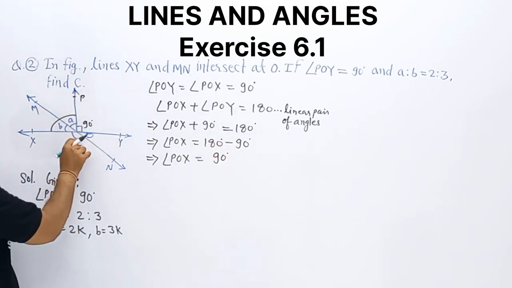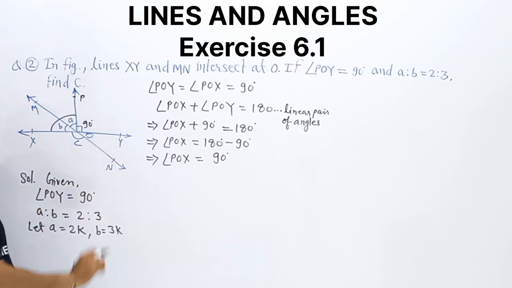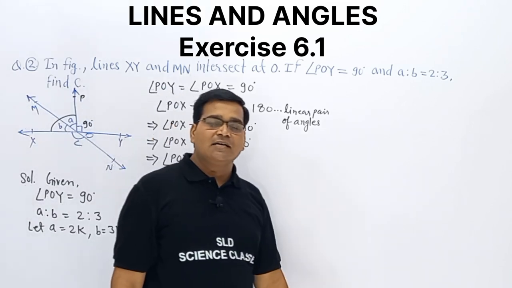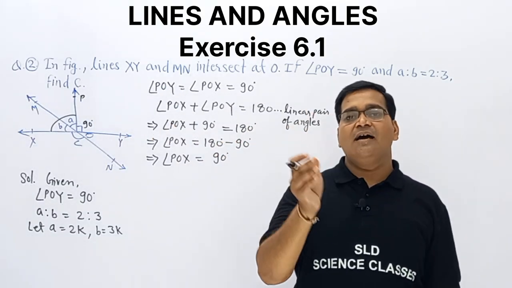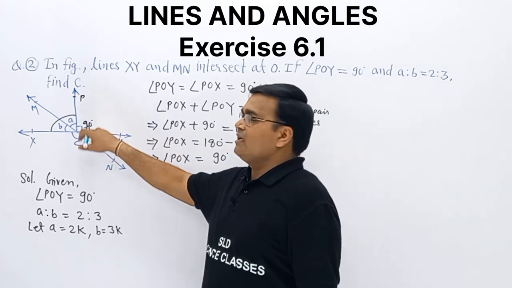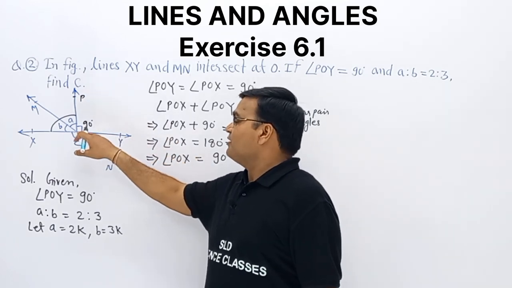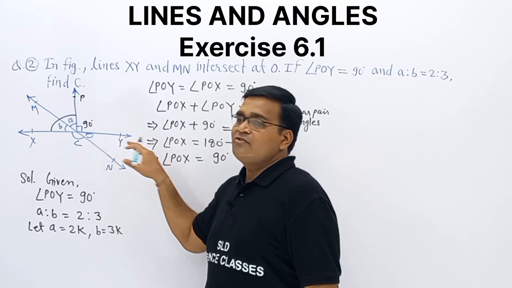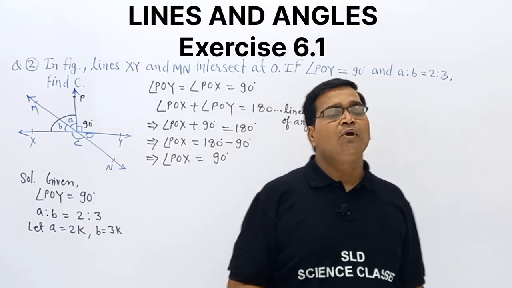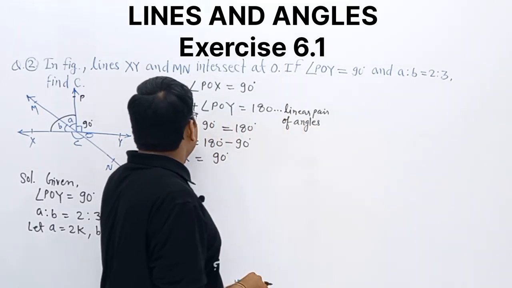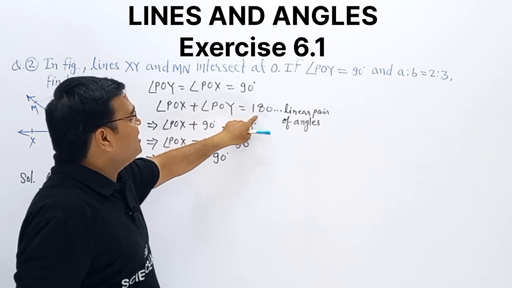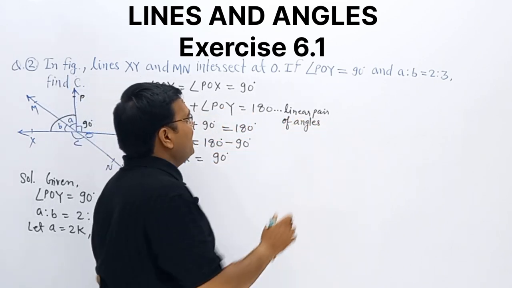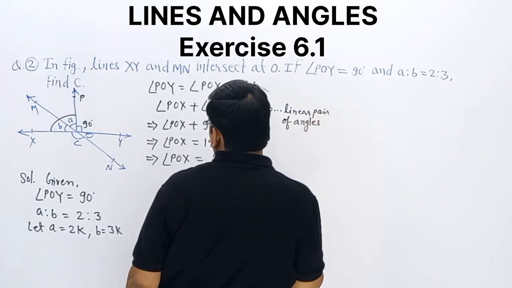This angle POX and POY are adjacent angles, and both are on this OP ray. OP ray is standing on straight line XY. So the sum of adjacent angles will be 180, and this is a linear pair of angles, the linear pair axiom.